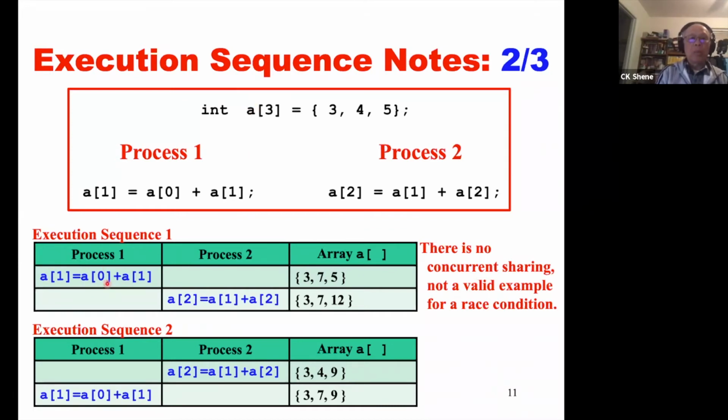Process 1 finishes using it, then process 2 uses it. In this way, process 2 finishes using it, and then process 1 uses it. They never access this resource in a concurrent way. Actually, they use this resource separately.